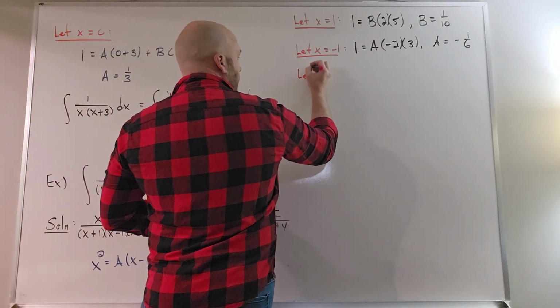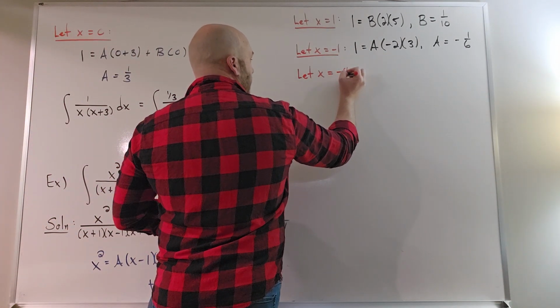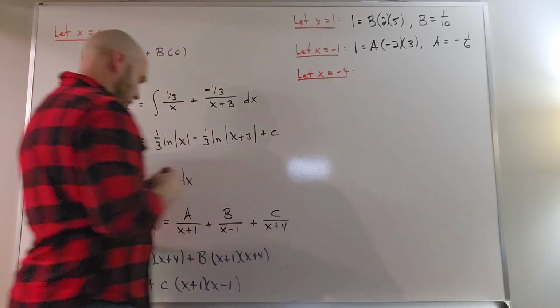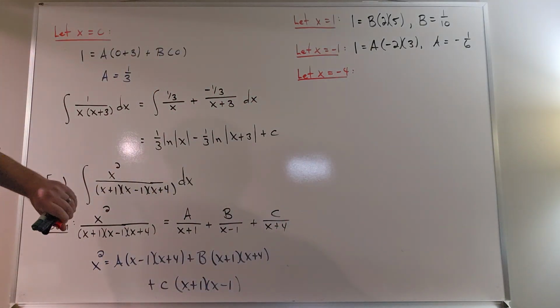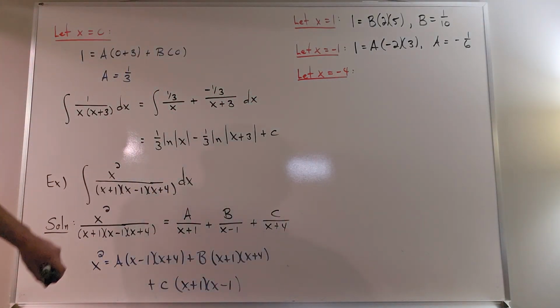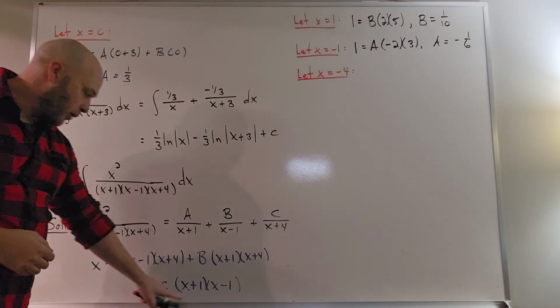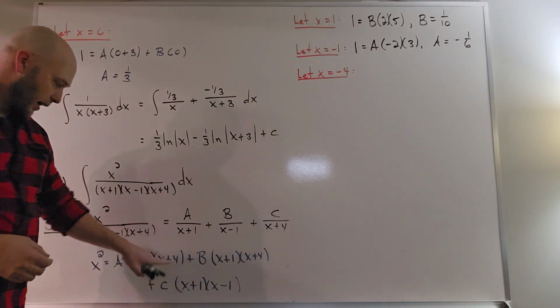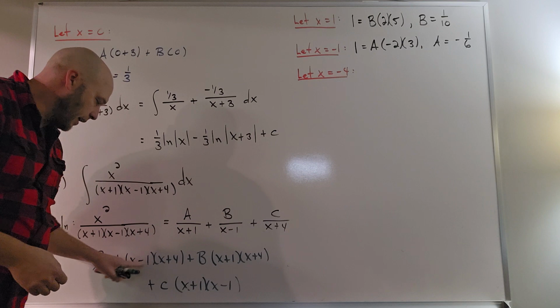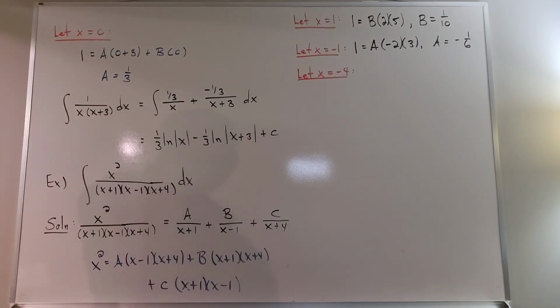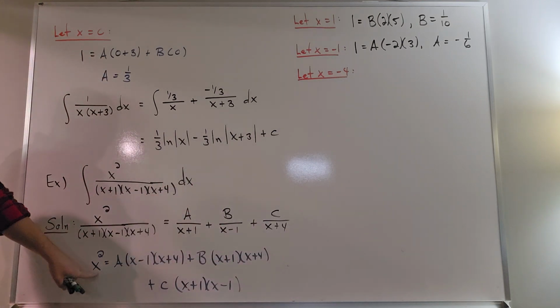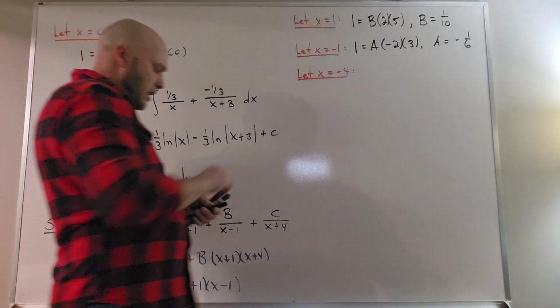Last convenient choice, let x equal negative 4. C is the value that we're still trying to find, and notice that C is the value that would be non-zero. So negative 4 here, negative 4 here would make the a and the b term 0. And again, plug it into both sides. Negative 4 squared would give you positive 16.